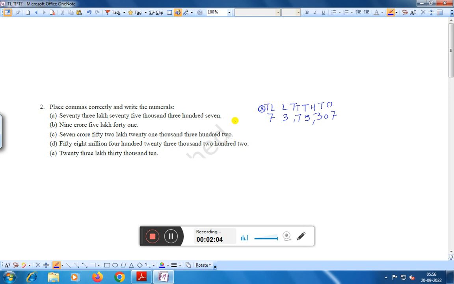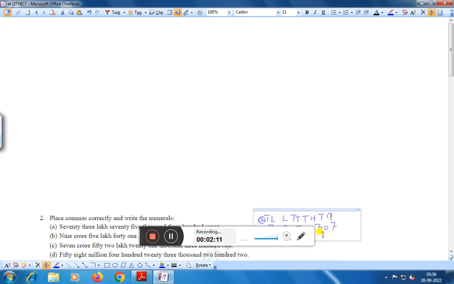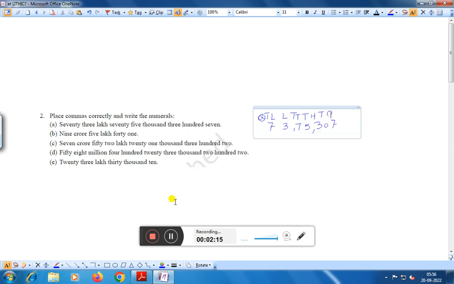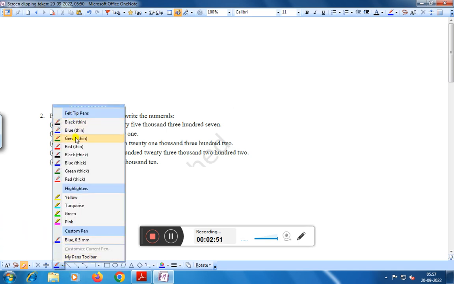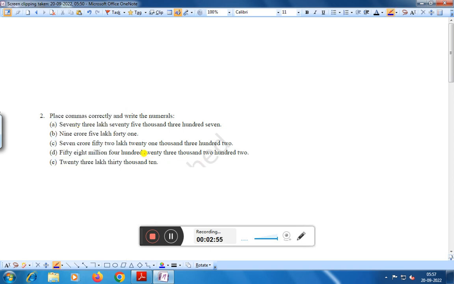Okay, now we will do question number B. Now question number B is 9 crore 5 lakh 41, right?